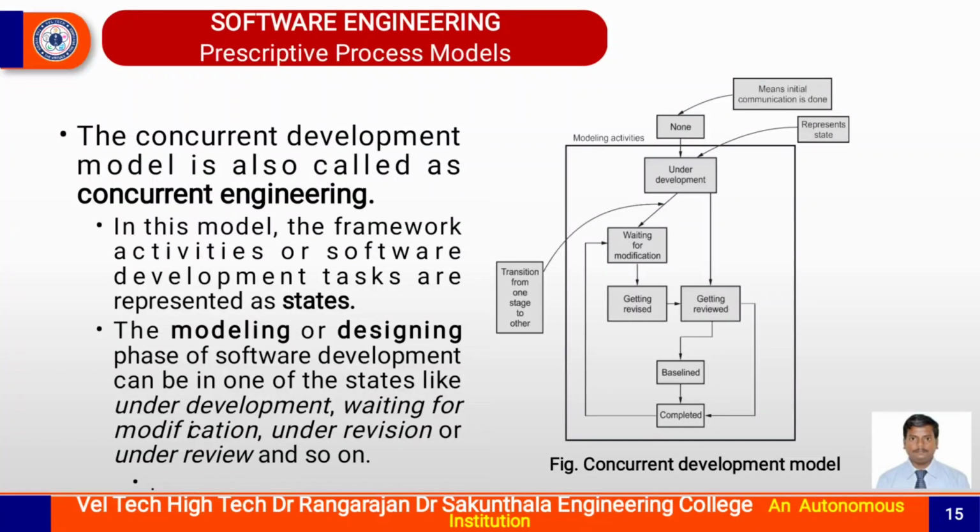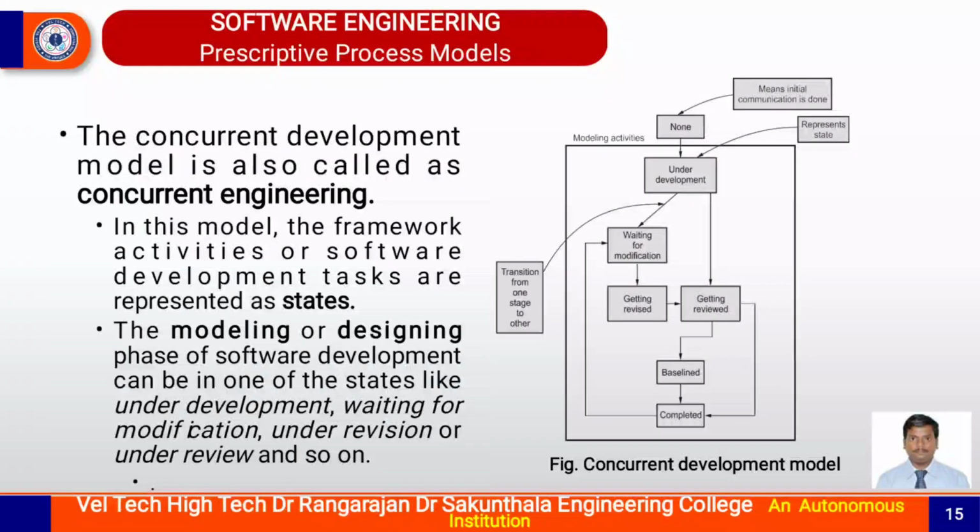So, next one is the concurrent development model. The concurrent development model is also called concurrent engineering. In this model, the framework activities or software development tasks are represented as states. So, states in the sense the modeling or designing phase of software development can be in one of the states like under development, waiting for modification, under revision, or under review.